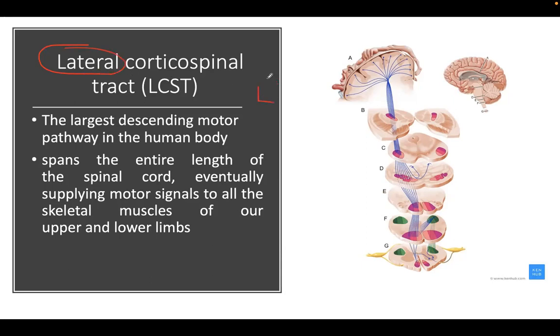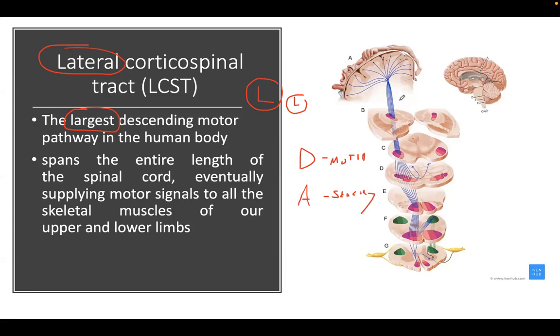So letter L for lateral, it's the one that labangs or crosses. Letter L for the largest. It is the largest descending motor pathway. When we say descending, it's coming from the brain to the spinal cord. When we say ascending pathway, it's from the spinal cord sending signals to the brain. Always remember descending pathways are the motor pathways. The ascending pathway, that means from the spinal cord to the brain, is the sensory.